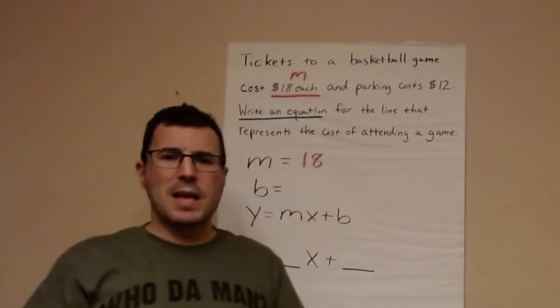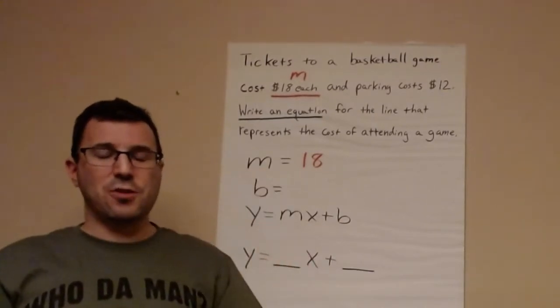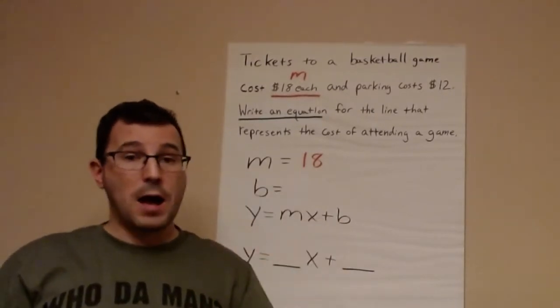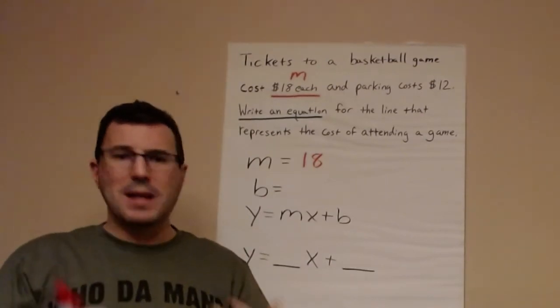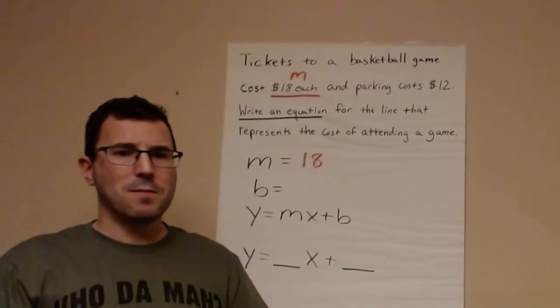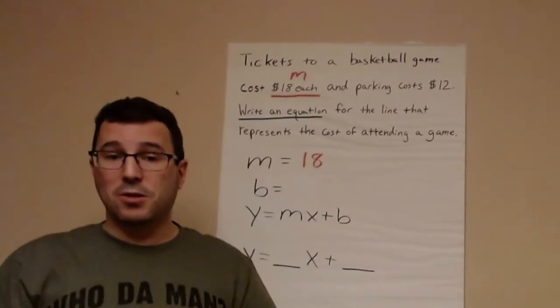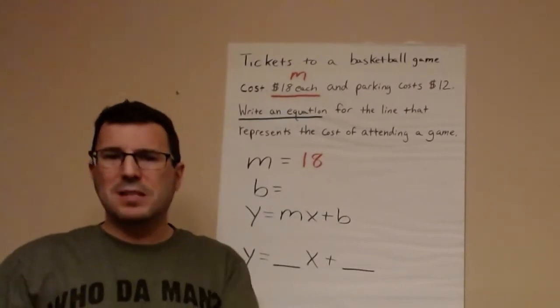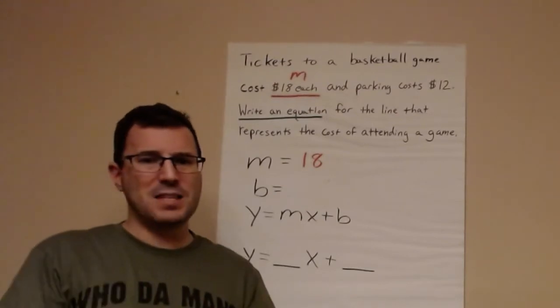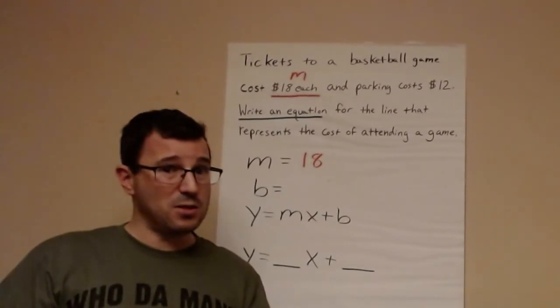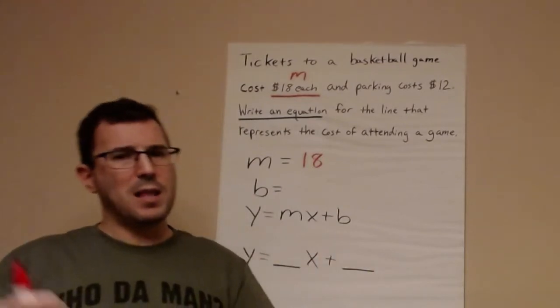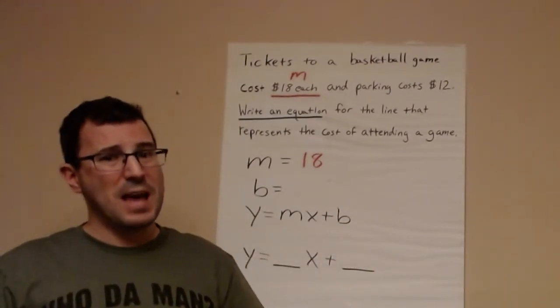So things like each, per mile, per item, anything that's basically per, P-E-R, is going to be our slope. And if we can say, well, this is repeating, but this is only happening once, then we can figure out, well, this is the slope because it's repeating, and this is the y-intercept because it's only happening once.